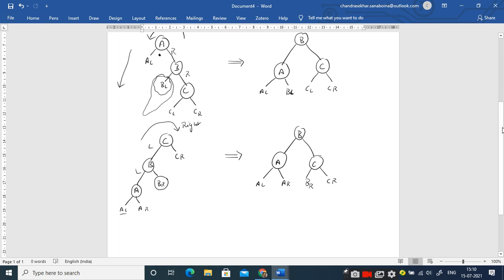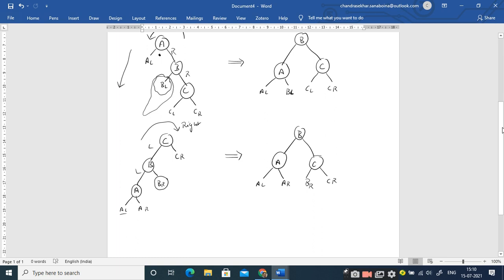In the previous examples, I took only 3 elements, which did not have any child nodes or subtrees. But in this example, I am refining it, considering the same 3 nodes, because rotations are always explained in terms of 3 nodes only.